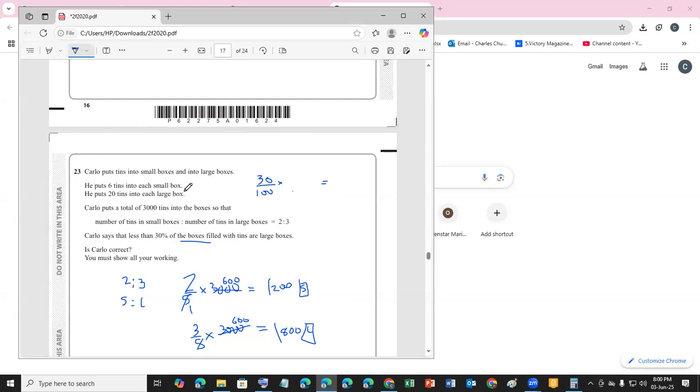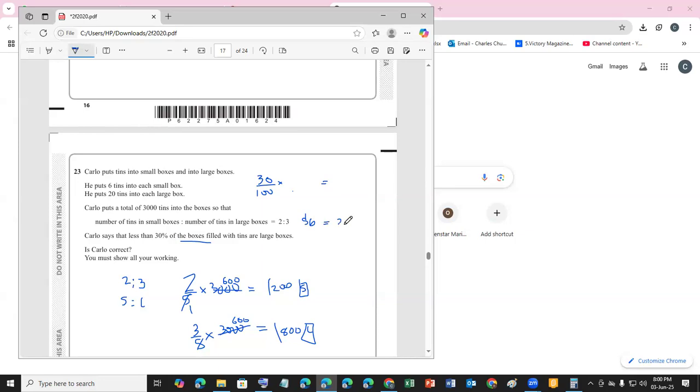6 tins in each small box. So we have 1,200 tins in small boxes, right? So if we divide 1,200 by 6, that will tell us how many small boxes there are. So the number of small boxes, SB, will be 1,200 divided by 6.